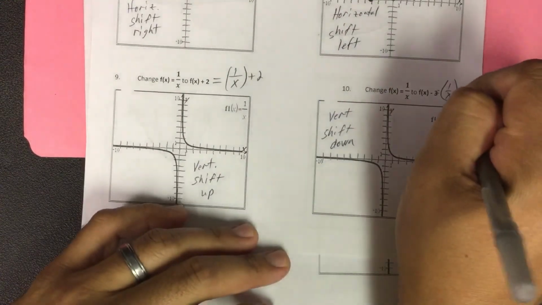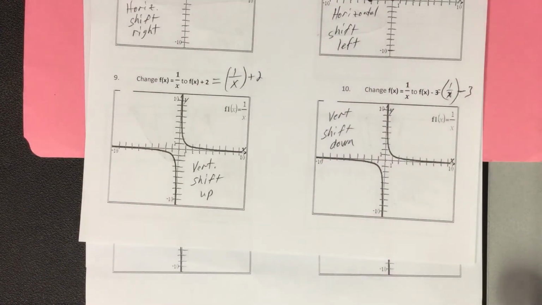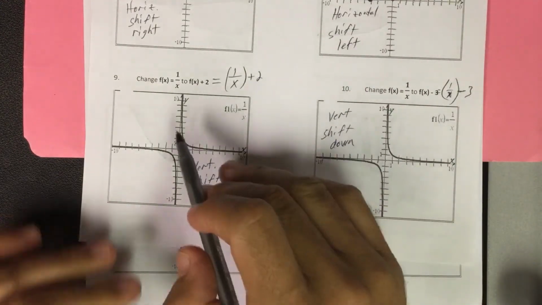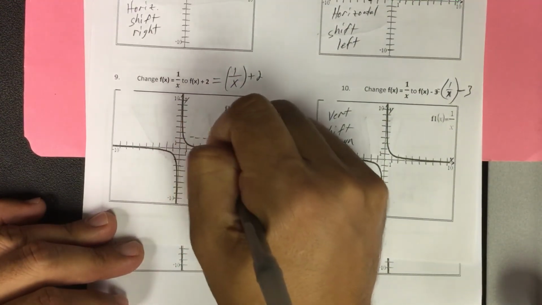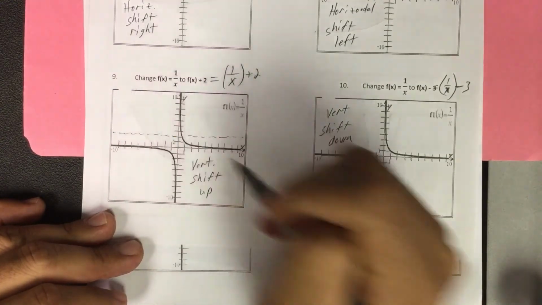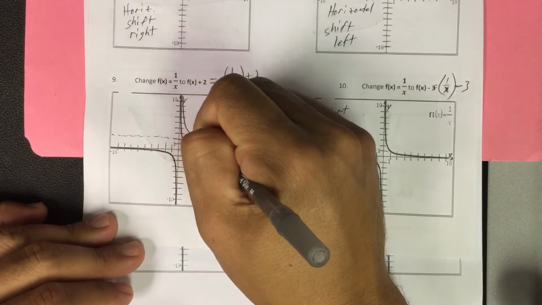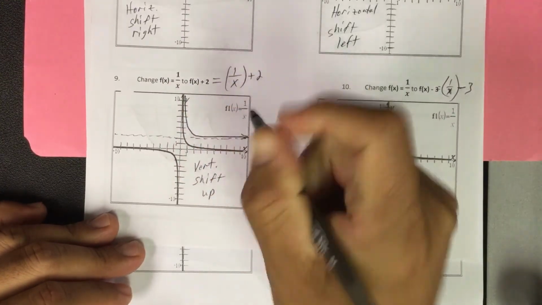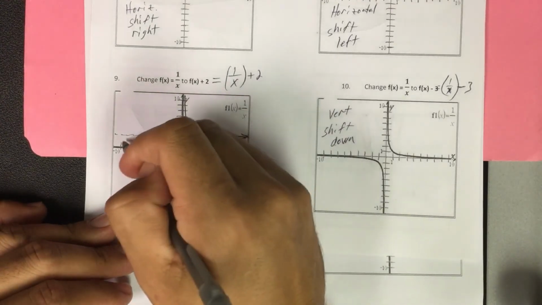Okay, again, write the parent function, put it in parentheses, and then add or whatever. If I'm doing these, I just draw the dotted line. So it moved up 2, I'll draw a dotted line at 2. That's my asymptote. Right, and then I have the same picture, but instead of going by the axis, now it's going by plus 2.